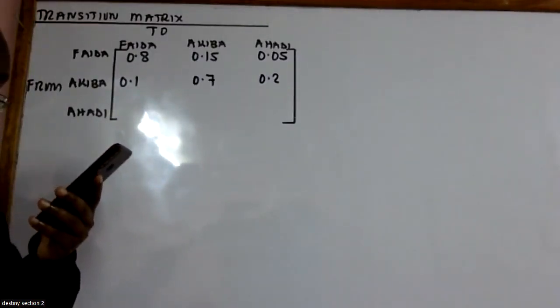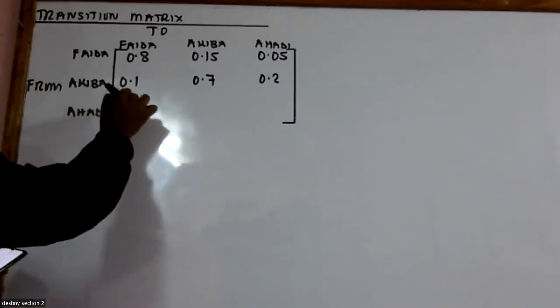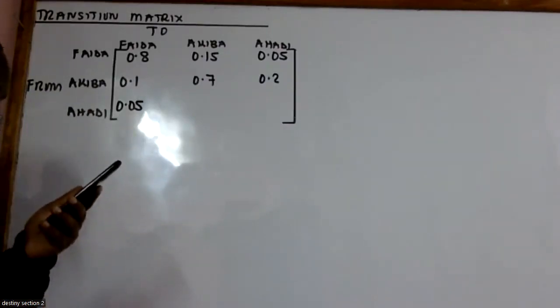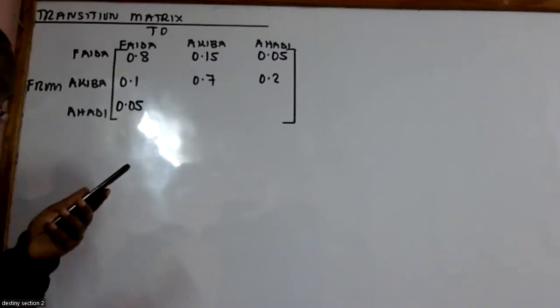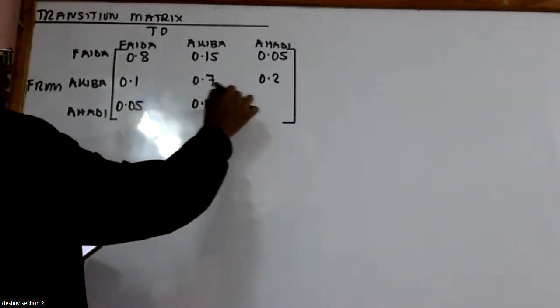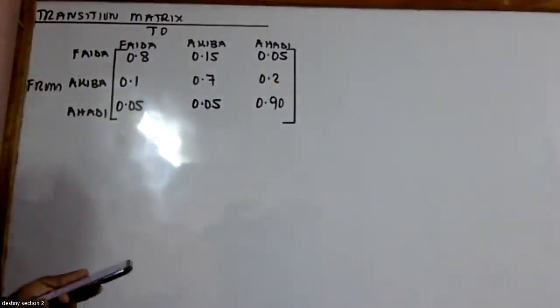Ahadi lost 0.05 to Faida, and they also lost 5, so 0.05. So they must have retained 90% of their customers, 0.9.